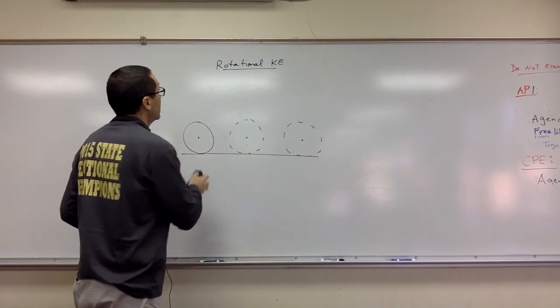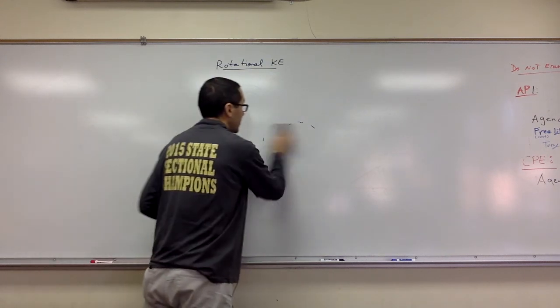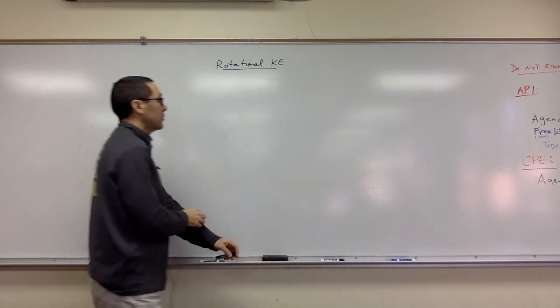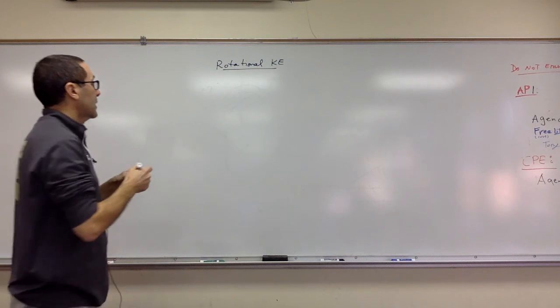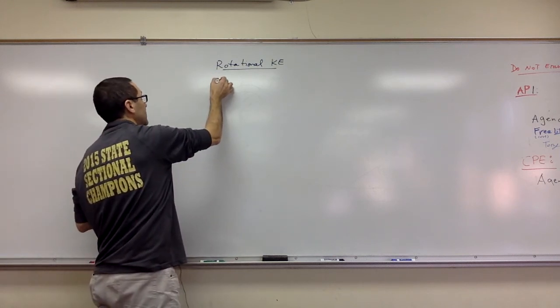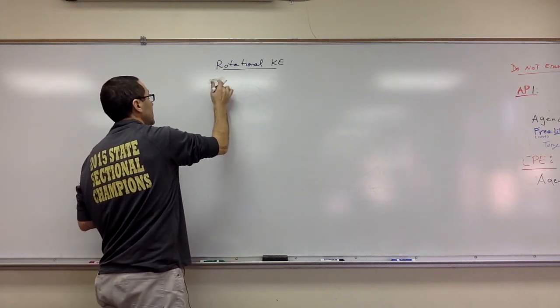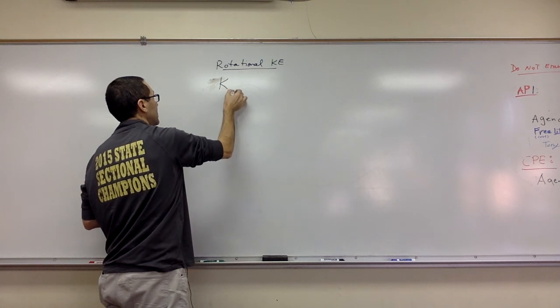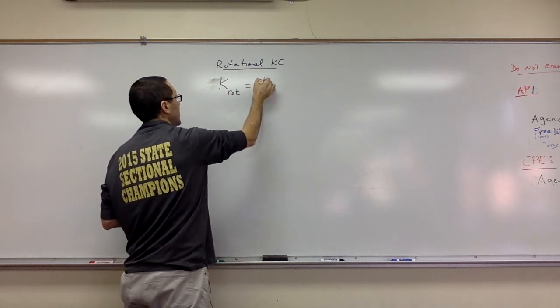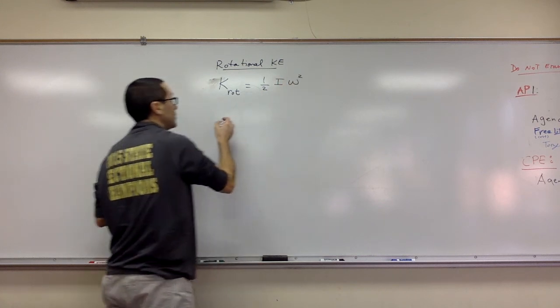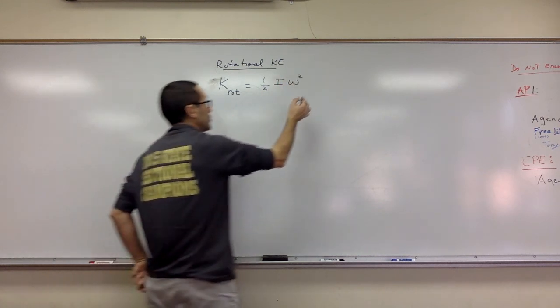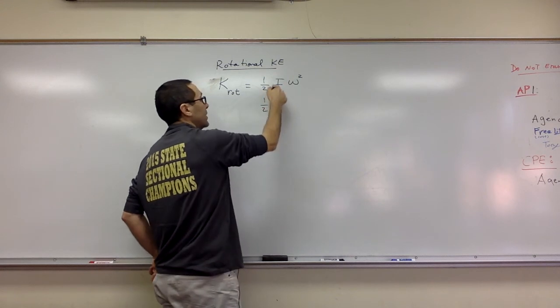So that's what we're going to do here. We're going to be looking at two kinds of energy: translational and rotational kinetic energy. Now the formula for rotational kinetic energy, I guess we'll call it K rot, is 1/2 I omega squared. Same analogy with translational kinetic energy, which was 1/2 m v squared.